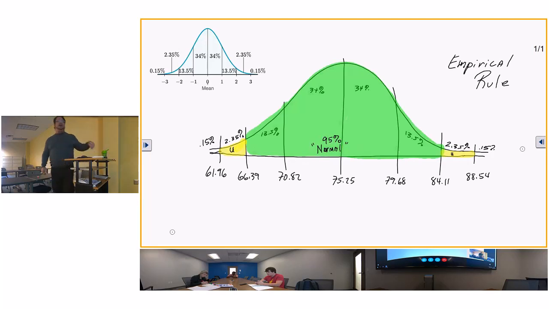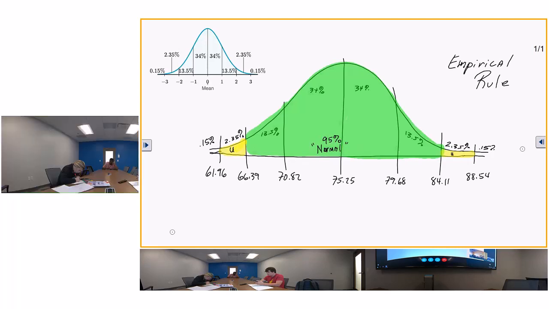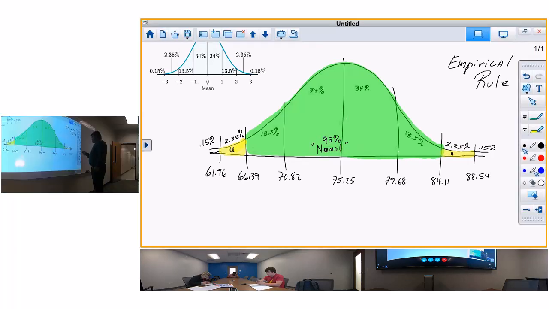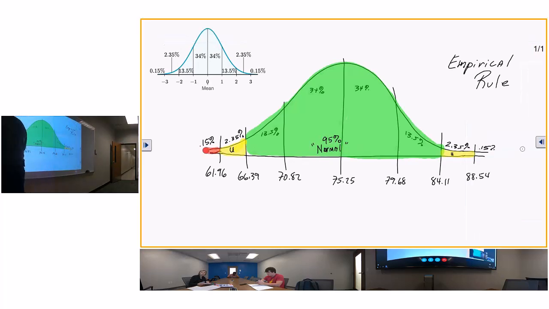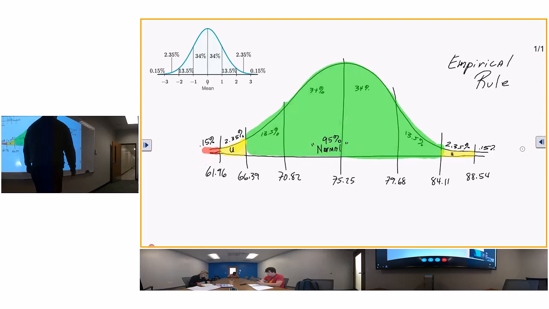And I'm going to highlight that red. Because once you get out of 3 standard deviations, say 1, 2, 3, when you're outside of 3 standard deviations, that's what you call an outlier. So you need to highlight this region out here red, and put a big O out there for outlier.